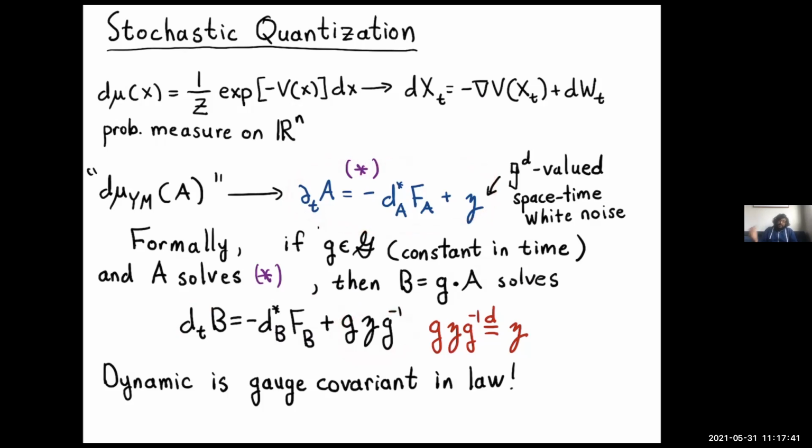What's key here, at least formally, is that your inner product on the Lie algebra should be invariant under the action of the Lie group. So what you expect is that these two noises are equal in distribution. The consequence of the gauge invariance of our action at the level of the measure is basically that the dynamic is gauge covariant in law.